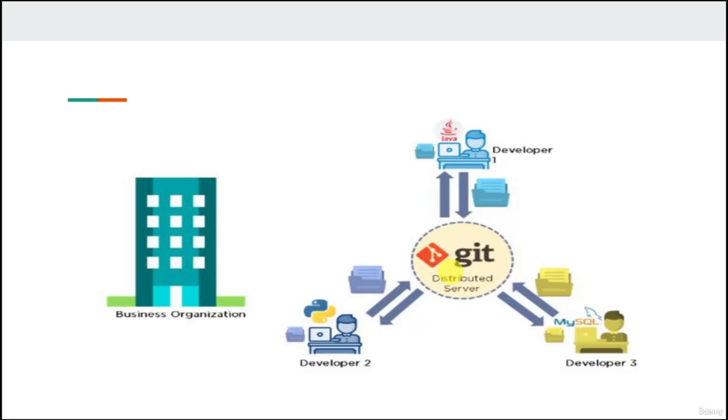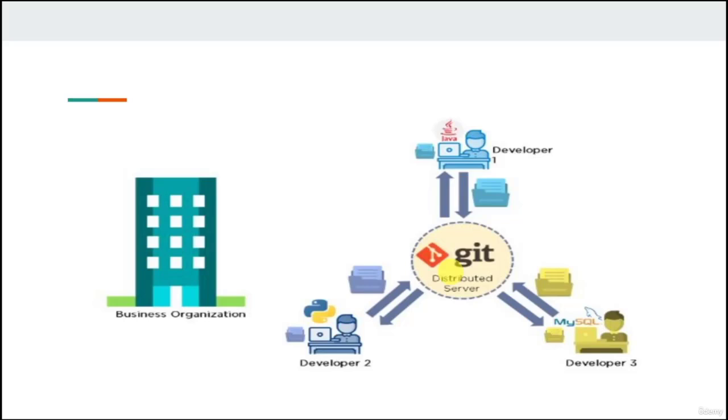In this picture, you can see that in a business organization, there is a distributed server, that is Git. They have different developers: developer 1, developer 2, developer 3. In the picture itself, you can see developer 1 using Java. It's just an example. Developer 2 is using another language, Python.